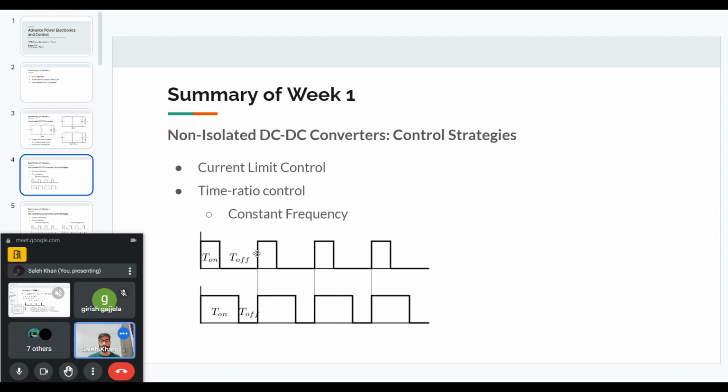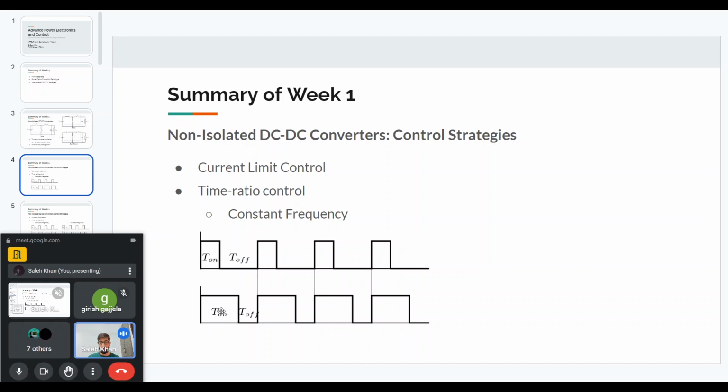So one of the ways to change this duty ratio is to just increase or decrease the T on while keeping the overall time, T on plus T off, constant. If T on plus T off is constant and I increase T on, I will be basically increasing the duty ratio, which I have shown here.